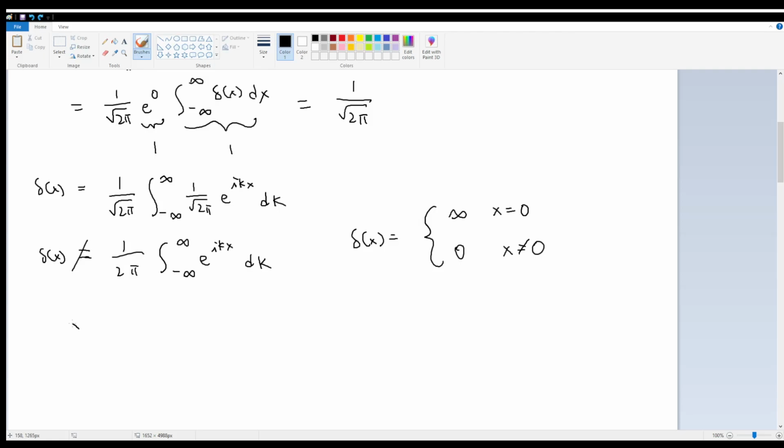However, when x doesn't equal 0, this integral is going to be 1 over 2 pi times the integral from negative infinity to infinity. And if we invoke Euler's identity, we're going to get cosine kx plus i sine kx dk, where x is some positive or negative number that isn't 0. And the problem is that this is now just an oscillating function.